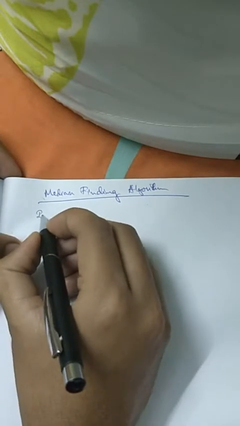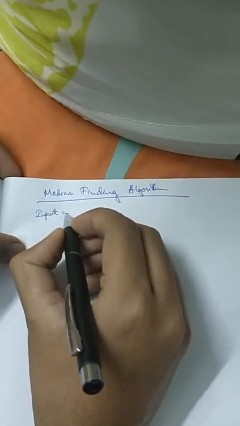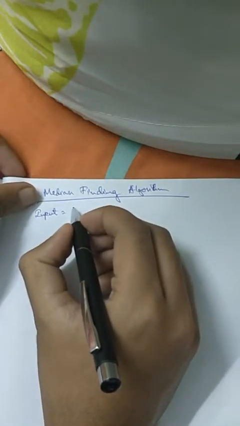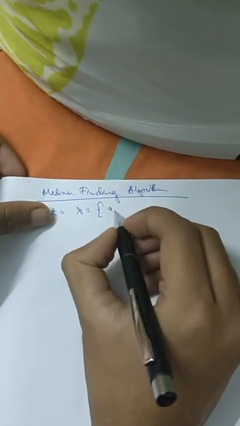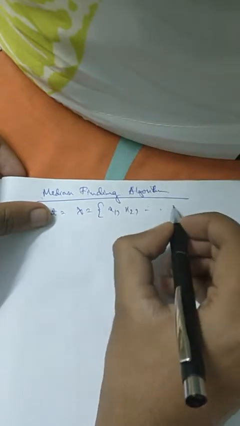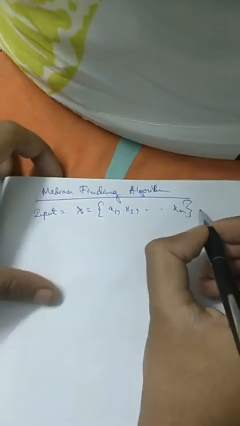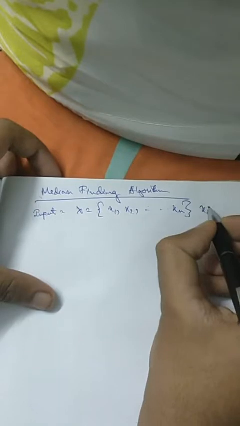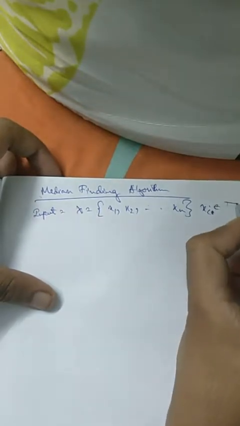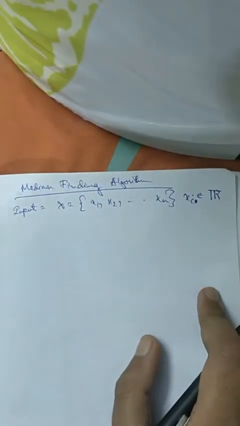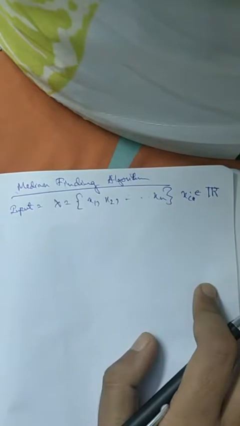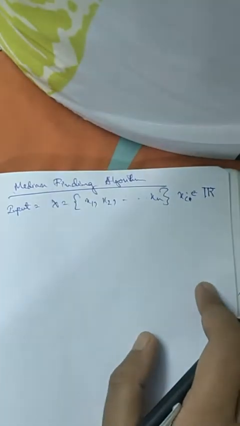So we have an input array or whatever sequence, suppose n numbers, x1, x2, ..., xn. Let these be real numbers, not interested in complex numbers as of now, because we don't usually sort complex numbers anyway.